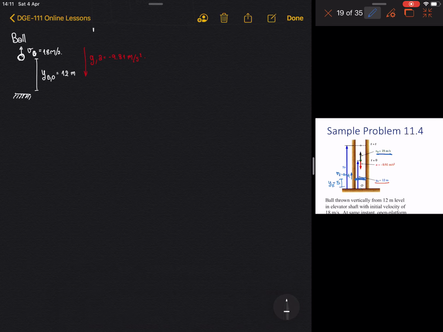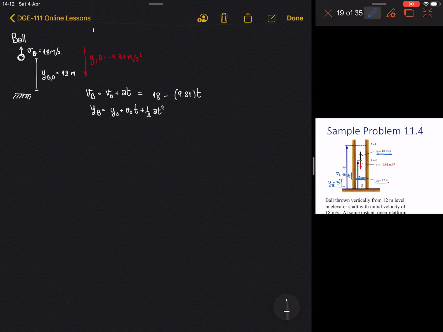We have the formulas from the previous slide: VB equal to V0 plus at. From this we can derive that VB equal to 18 minus 9.81t. And we also say YB is equal to Y0 plus V0t plus 1/2 at squared.